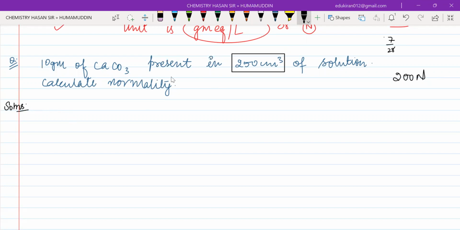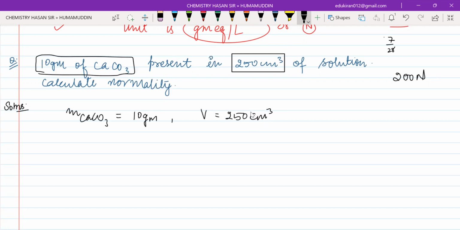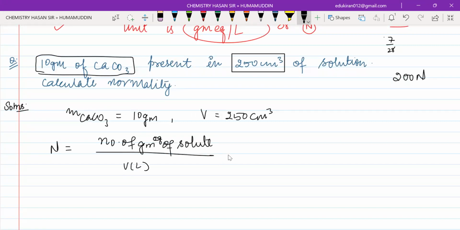Just focus here. The mass of solute, that is your CaCO3, is 10 gram. It is also given that the volume is 250 centimeter cube. Now we need to calculate normality, which has a formula: number of gram equivalent of solute upon volume of solution in liter.